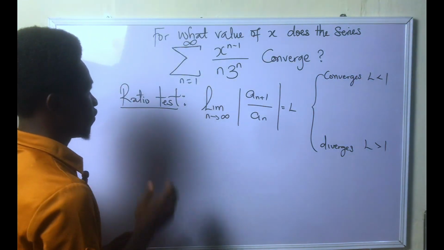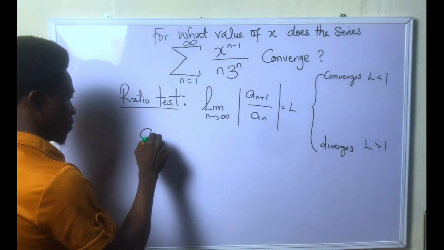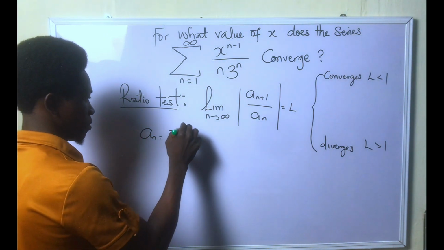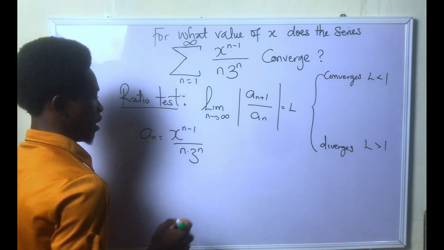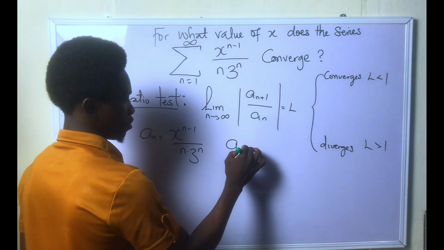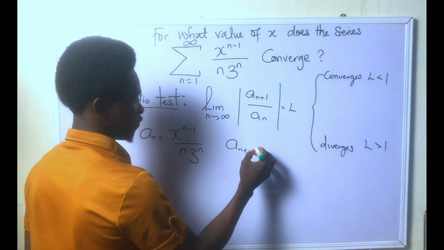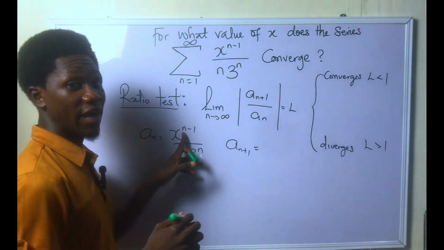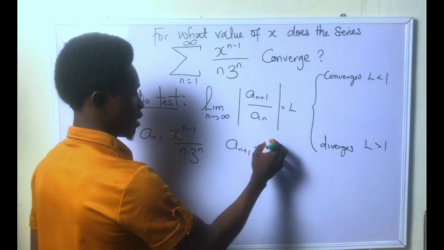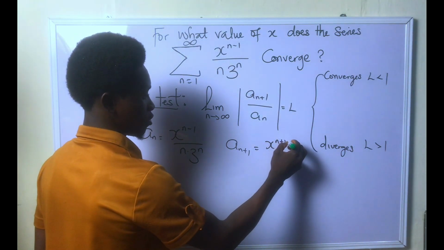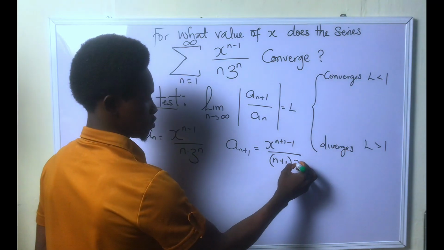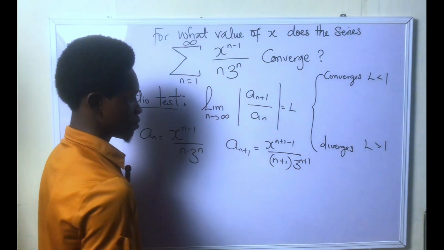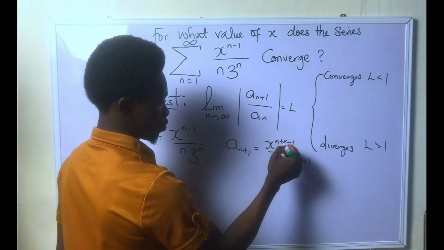So what we want to do first is, our a_n is the expression in the question, x^(n-1) over n times 3^n, and our a_(n+1), as required in the formula, will be that anywhere I see n, I'm going to write n plus 1. So it's going to be x^((n+1)-1) over (n+1) times 3^(n+1), and of course the 1 will cancel the 1.